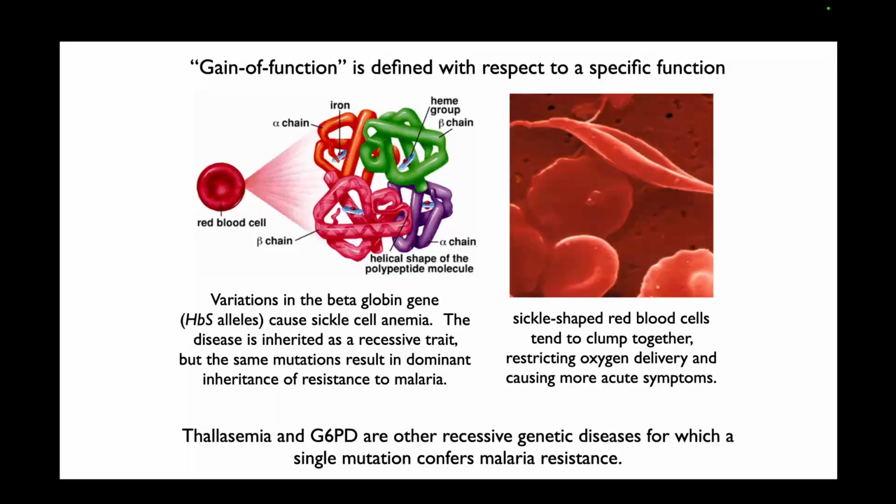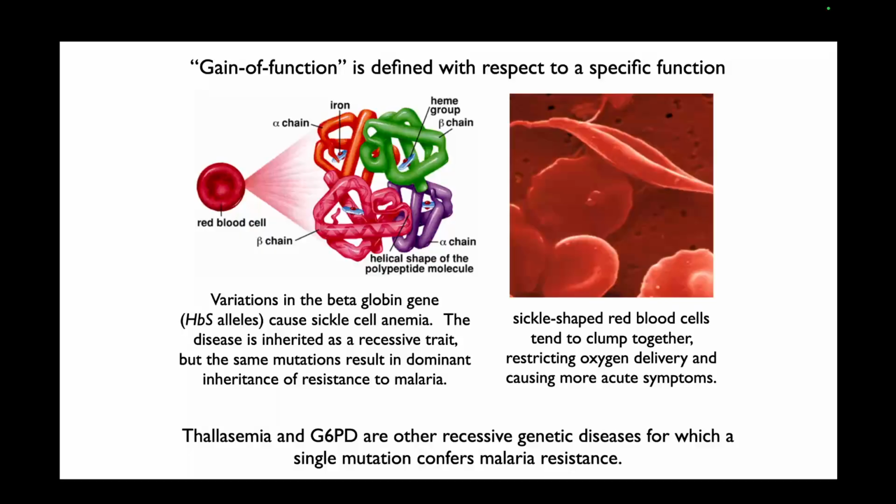But in the case of inherited resistance to malaria, it is a dominant mutation. So it's the same mutation, but it is recessive when the disease we are concerned about is sickle cell anemia, and dominant when we are talking about features like inherited resistance to malaria, right? Again, it is a very two-way street.